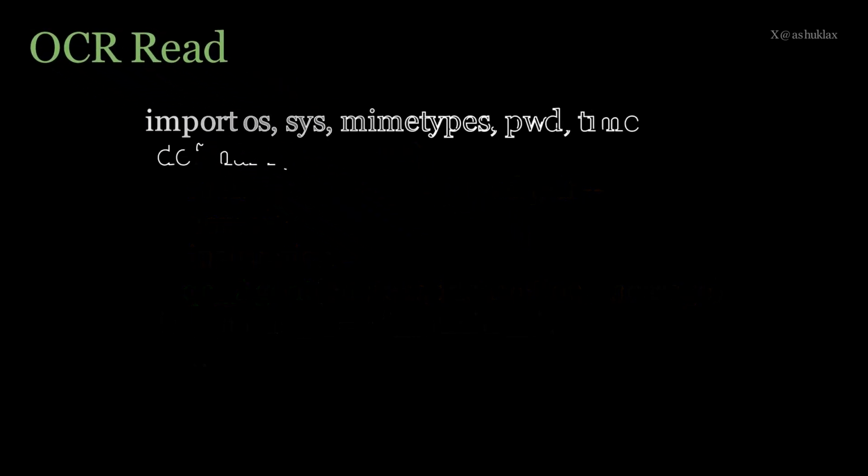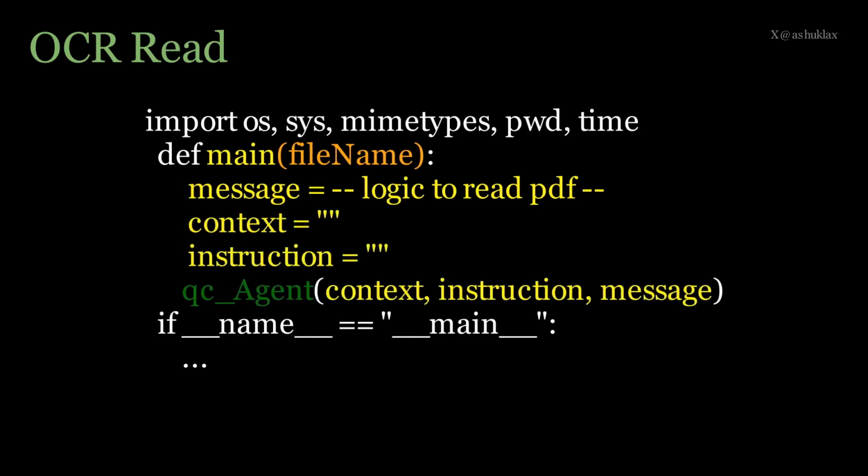So let's wrap it all together and go back to our main function. Just to recap one more time, we tried PyPDF to read the content of the PDF. We captured the PDF content into a variable called message, and then we defined the instruction and context. Finally, we called our QC agent function with these parameters: context, instruction, and message.